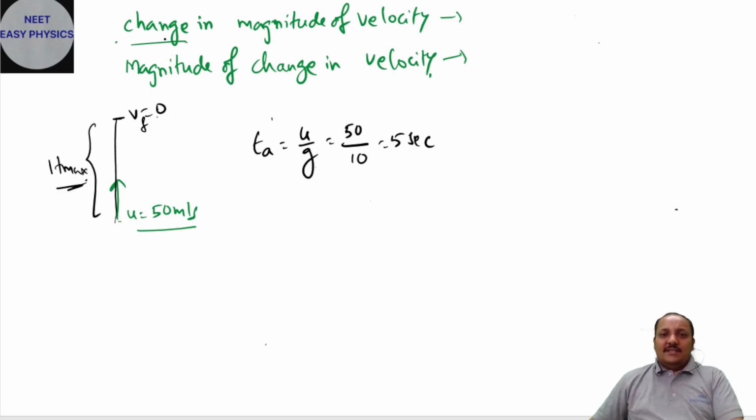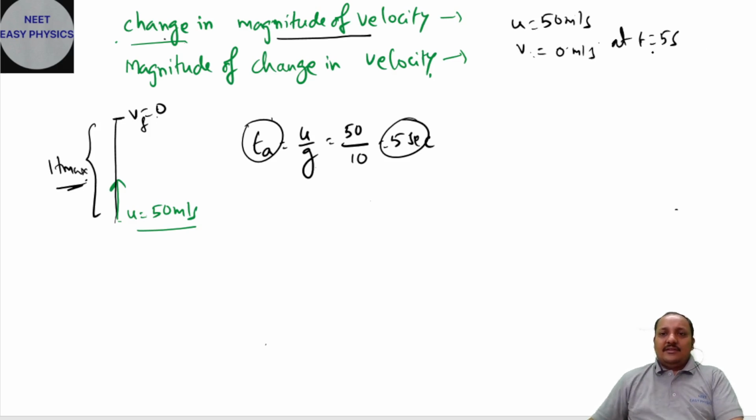Now, what is the change in magnitude of velocity after 5 seconds? What is the initial velocity? Initial velocity is 50 meter per second. What is the final velocity? 0 meter per second at t equal to 5 seconds.